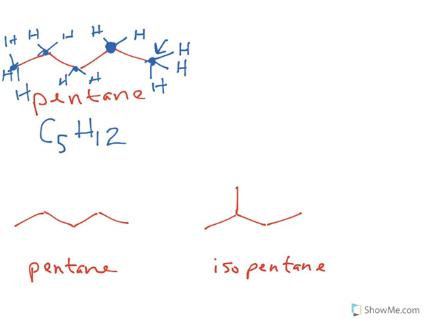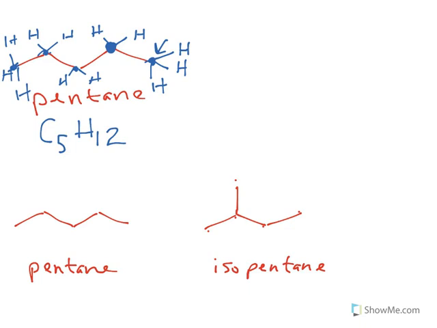So clearly they look different. On the left here, the pentane is a straight chain. There's no branching. And in isopentane, we have something called branching, because what we have there is 1, 2, 3, 4 carbons in a row, and then we have a branch up to that 5th carbon.